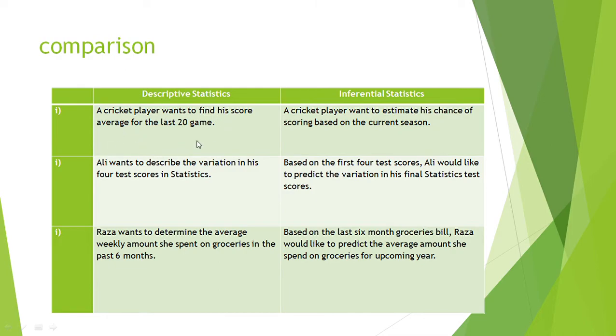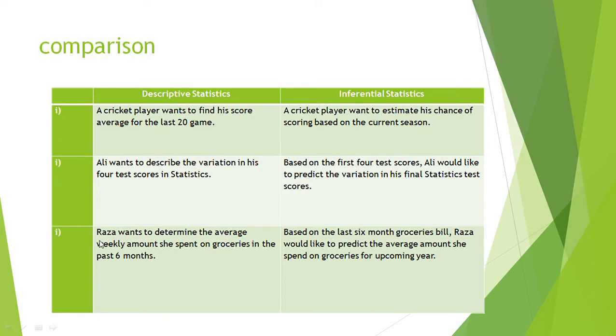This cricketer has his last 20 game scores, and Ali also has his 4 test scores with him. But here we don't have the data, we have the data of the past, and we want to predict for the future. Here the prediction or estimation comes, and there the average or variation comes.